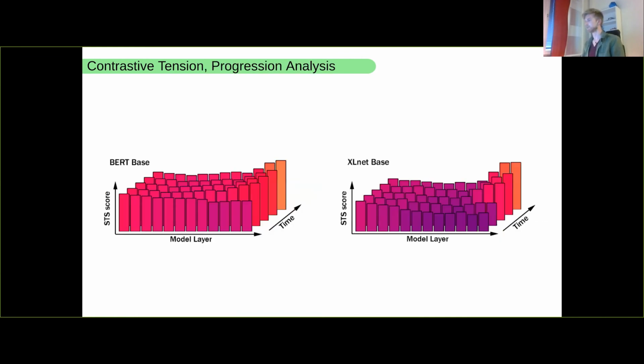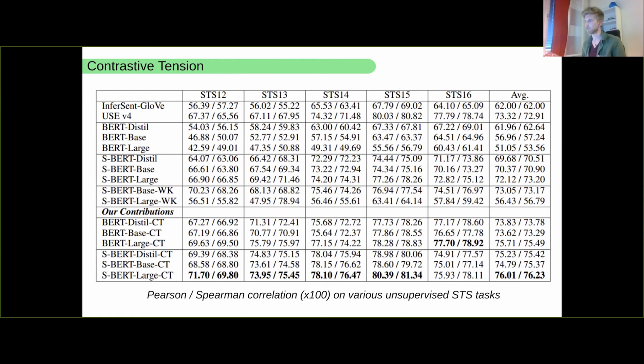And so basically here is just a bunch of results from the whole study. We have the old work on inference and something I did not speak about, which is the universal sentence encoder. And then we have the regular BERT models in all three sizes. BERT large, I think, has around 340 million parameters, BERT base, I'm going to say 120, and 66 million for BERT distill.